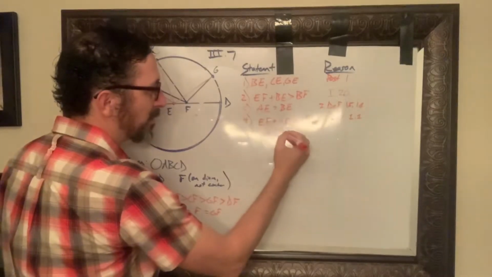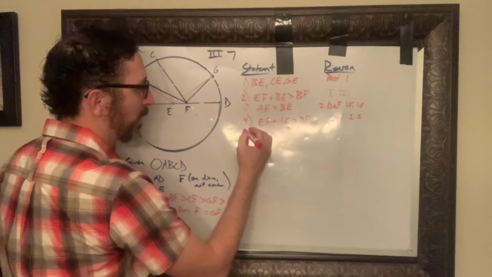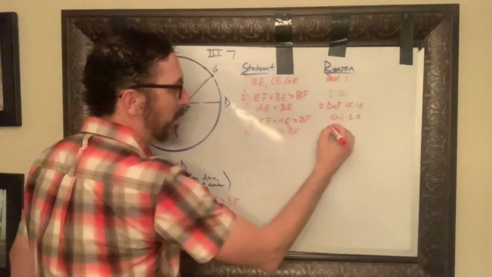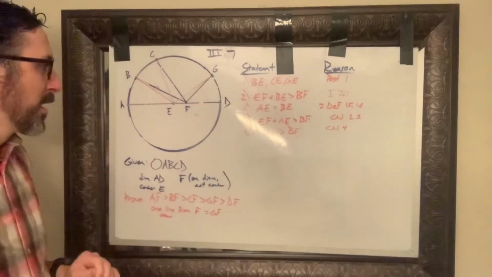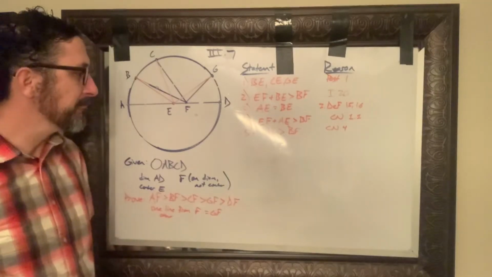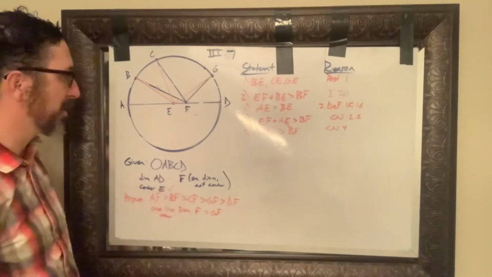So this is the same as saying AF is greater than BF. So the way that I'm going to say that is EF and AE are the same as AF, which is common notion 4, which says that things which coincide with one another equal one another. Okay, so there's the first thing I was trying to prove, that AF is bigger than BF.